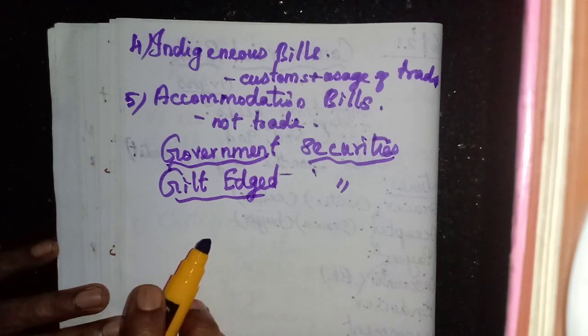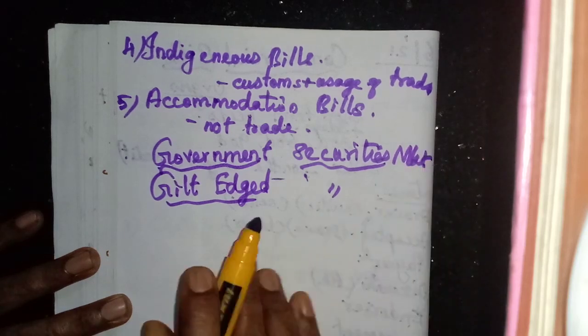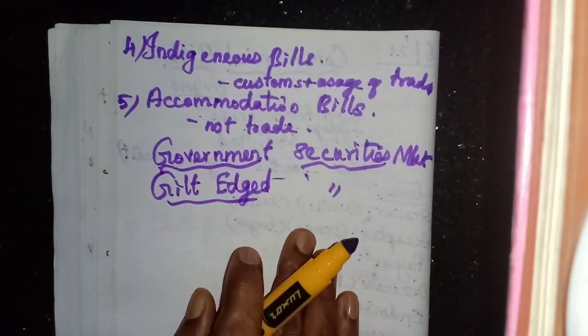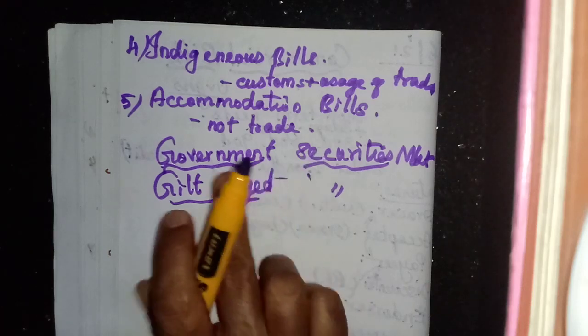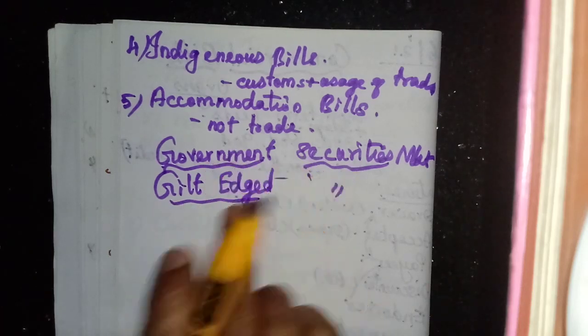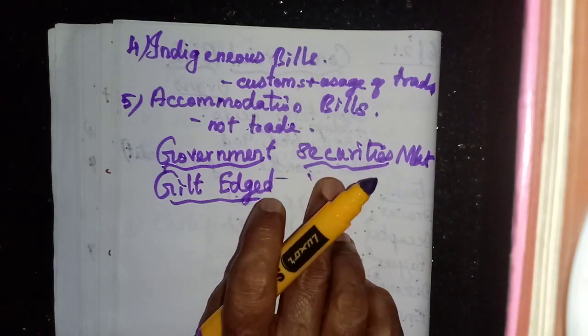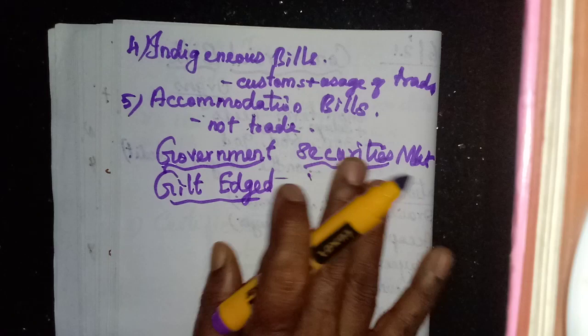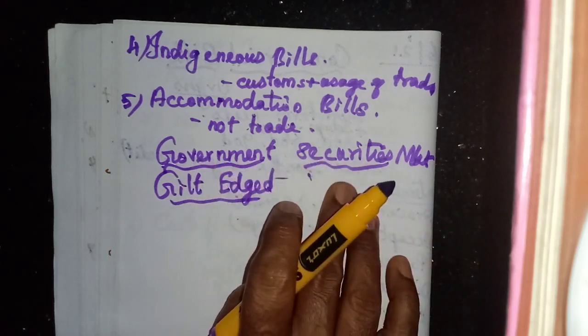What is the gilt-edged securities market? One simple sentence we can write: the market where the government securities, the gilt-edged securities, are bought and sold. That is called the government securities market or gilt-edged securities market.